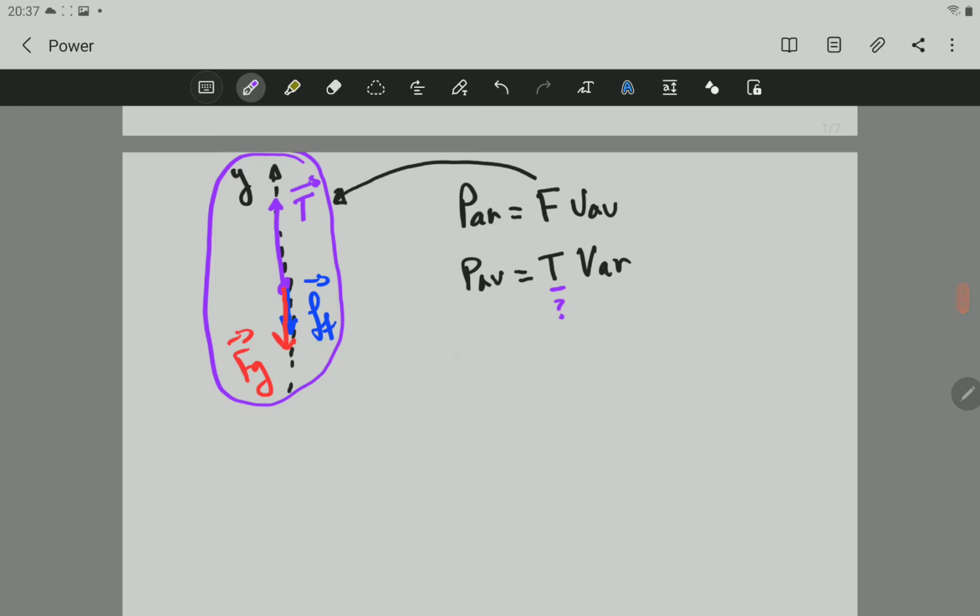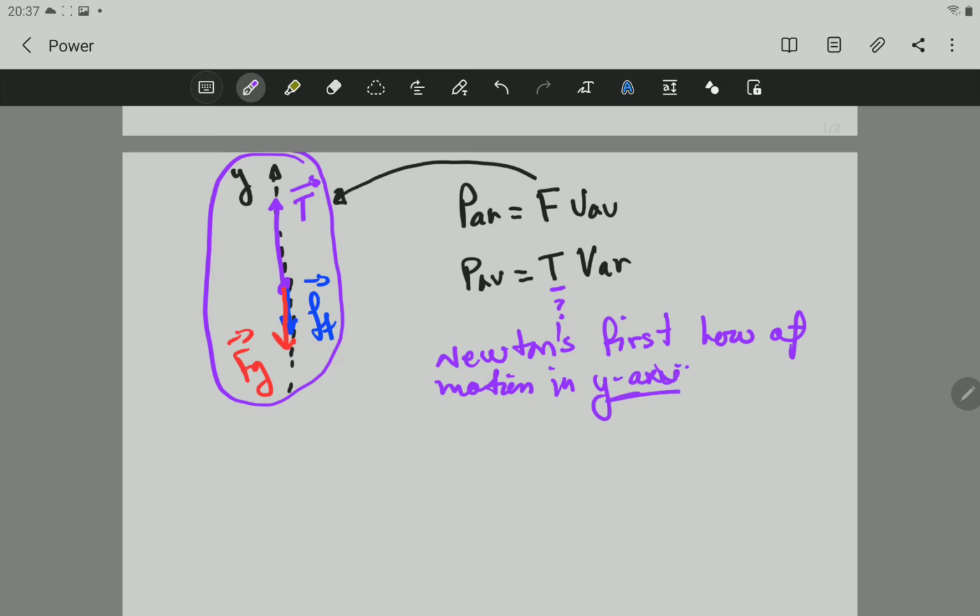So we are going to say here Newton's first law of motion in the y-axis. All right, and it will be useful to say up is going to be positive. That is important.